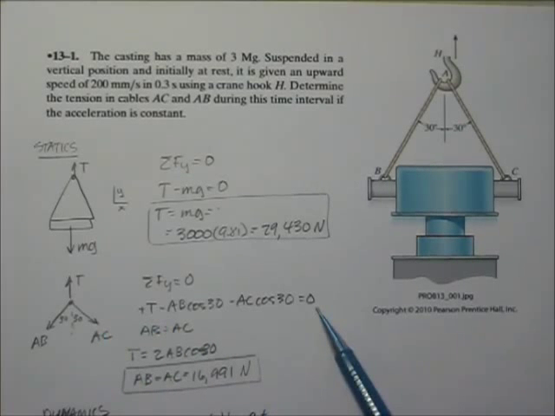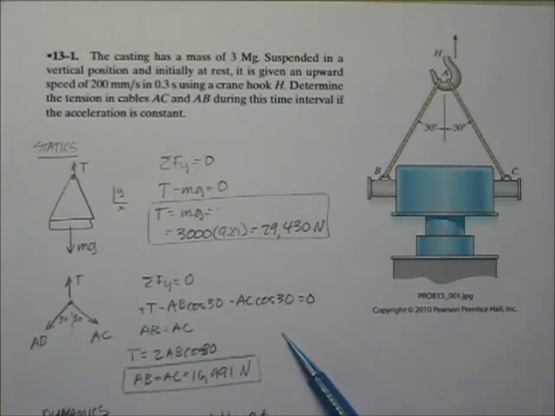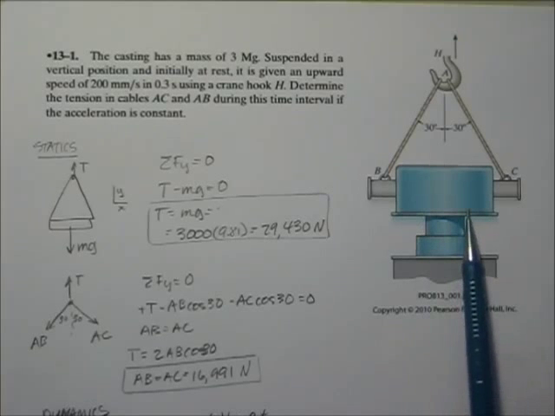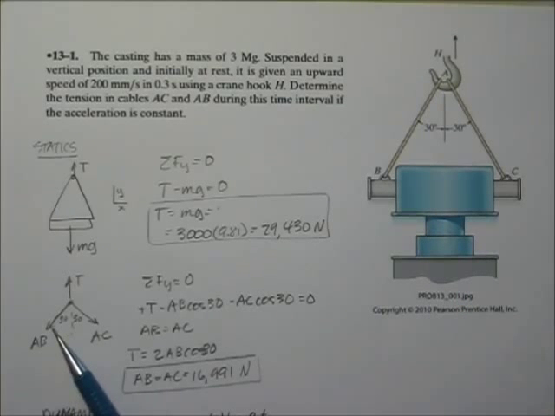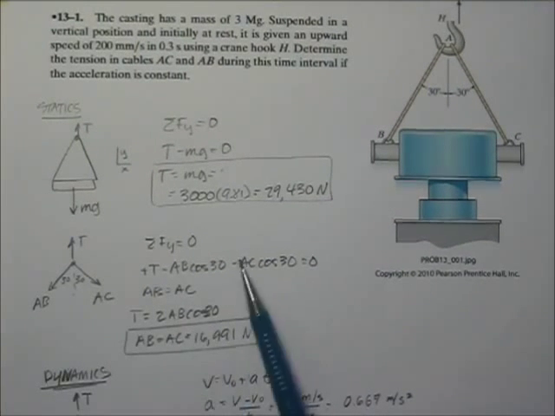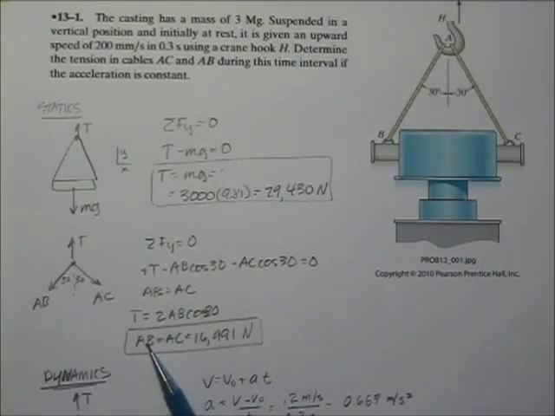Those are the forces in the y direction. To simplify this problem, we can see that the mass is evenly distributed and the angles are the same, so we can use symmetry to suggest that AB and AC are equal to each other. So let us solve for the forces in the two cords, and AB equals AC equals 16,991 newtons. All right, so for statics, pretty simple.